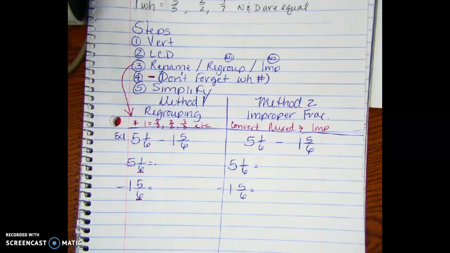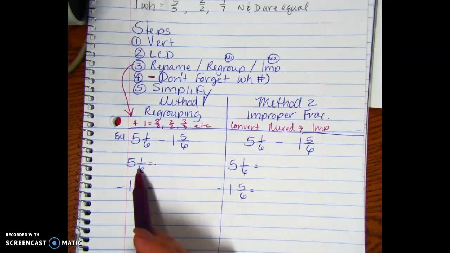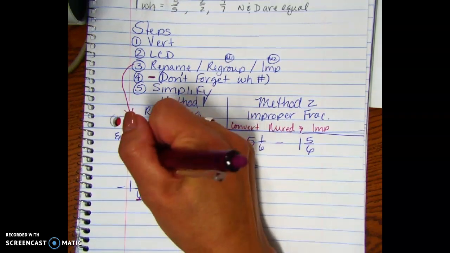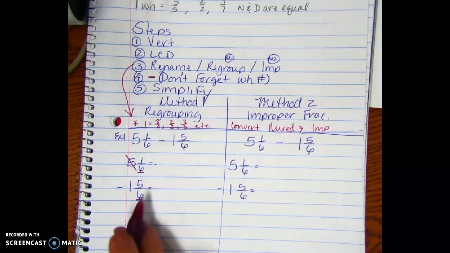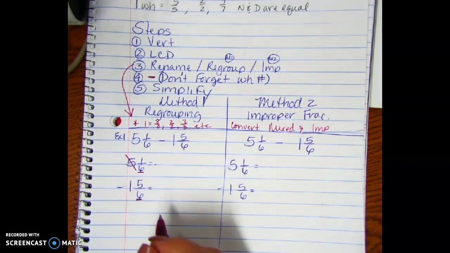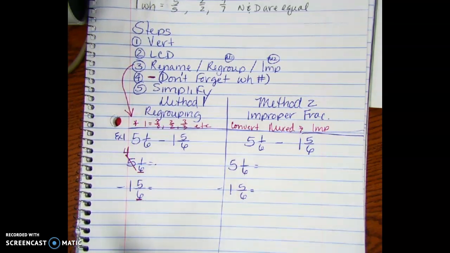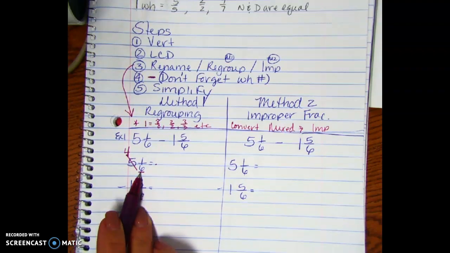So I'm going to regroup. Well, what I do is I am in the fraction place value column. So I'm going to go over to the ones column, and I'm going to take 1 from 5. That means I have 4. Now, what does that 1 regroup into? It regroups into a fraction.